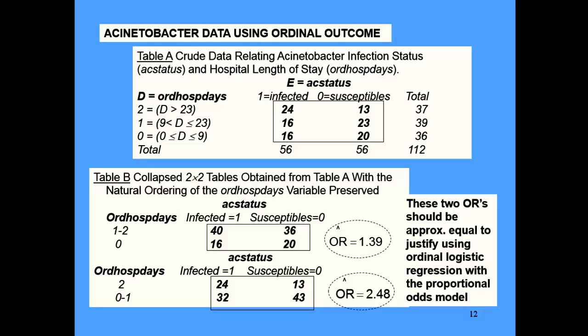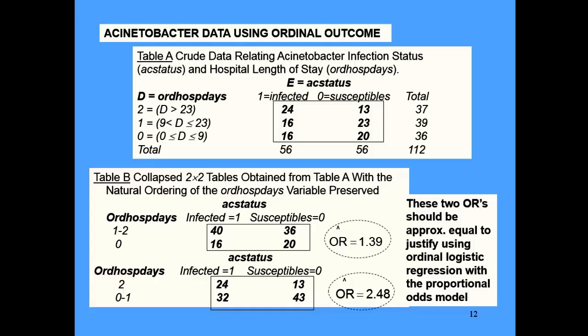This way I'm keeping the order. Comparing 1, 2 versus 0 or 0, 1 versus 2 is still comparing two groups while keeping the order. But looking at 0 and 2 versus 1 is breaking up the order, and that would be incorrect in terms of the way one would set up the crude analysis.